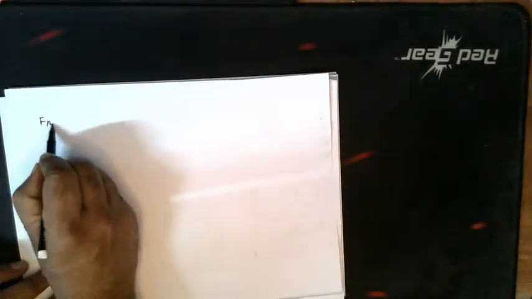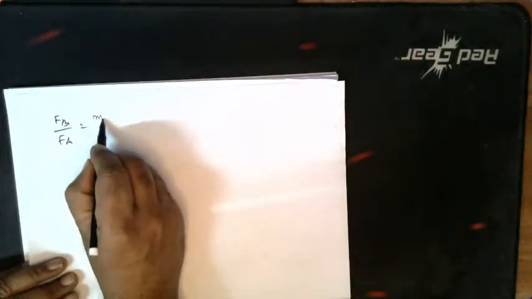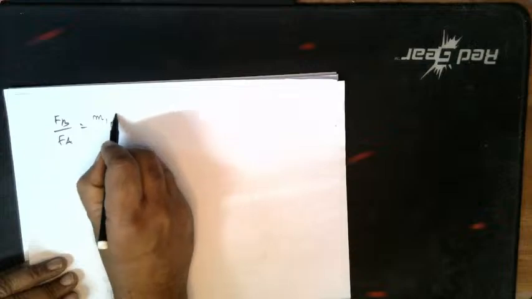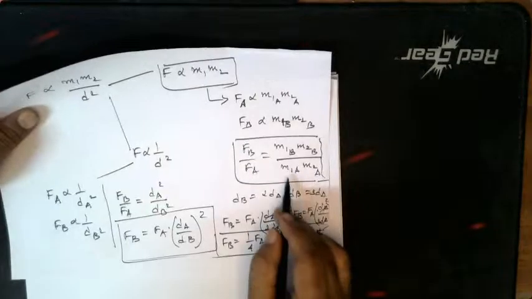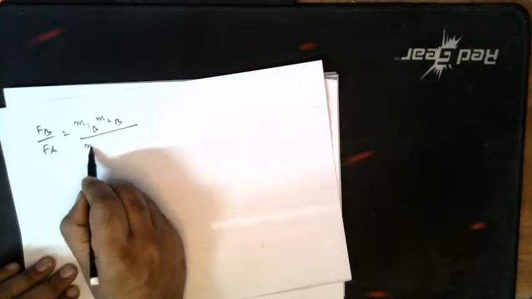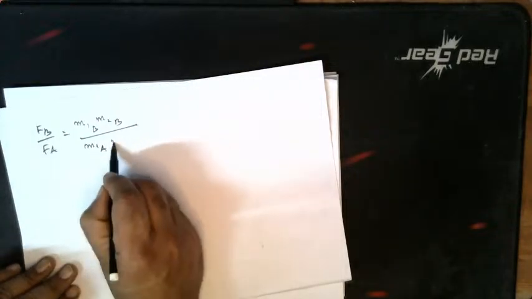FB by FA is equal to, what is that? M1B, then M2B divided by M1A and M2A. Is it clear? Yes, sir.